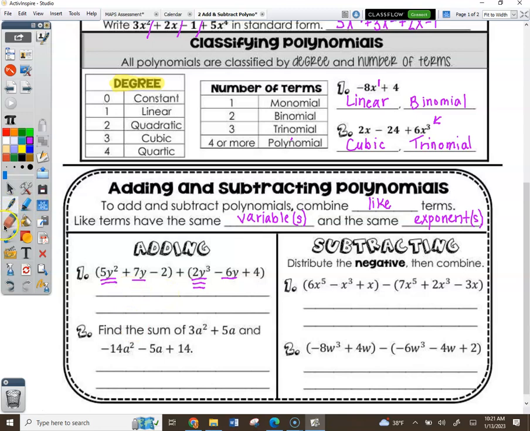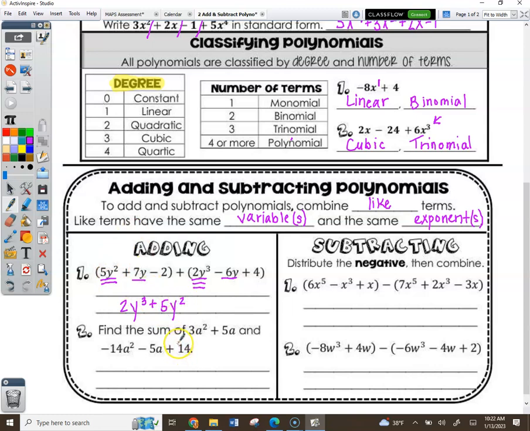So if you come right here, which term should come to the front? The 2y cubed. And it's positive, right? So 2y cubed goes to the front. So I've taken care of my 3 line terms. Do I have the like term to combine with the 5y squared? No, so I'm going to put it right after it.